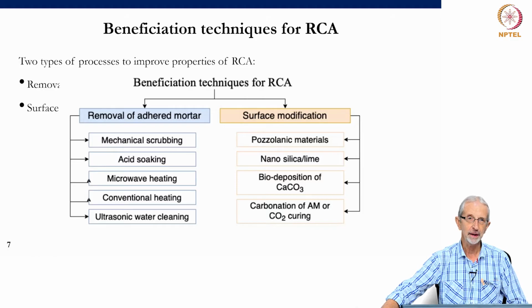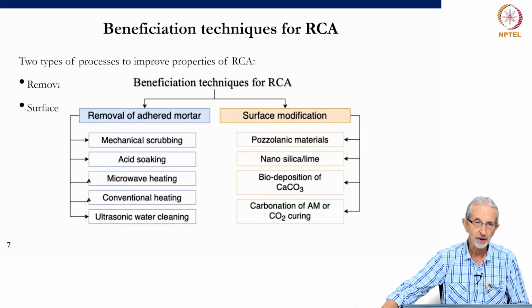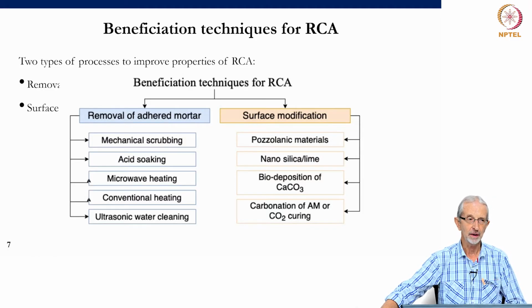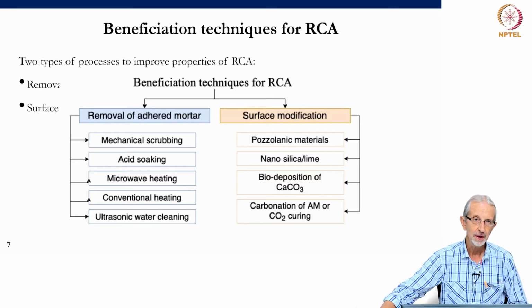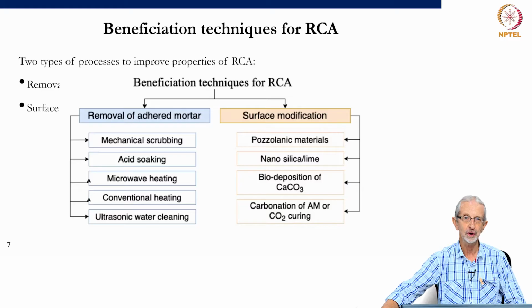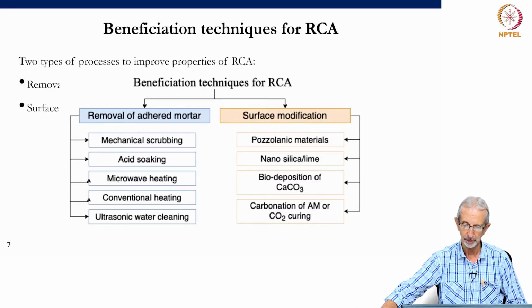We can do that with mechanical scrubbing, with acid soaking. That's not generally recommended because of the environmental impact of that. Microwave heating is useful for small quantities, but probably not big quantities. Conventional heating can be used for all kinds of quantities. And ultrasonic water cleaning likely would only be used for small quantities or small samples.